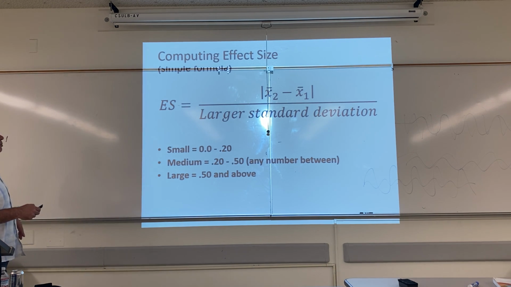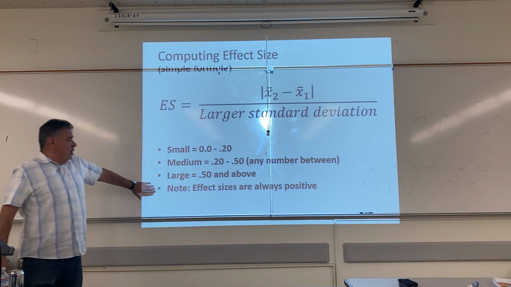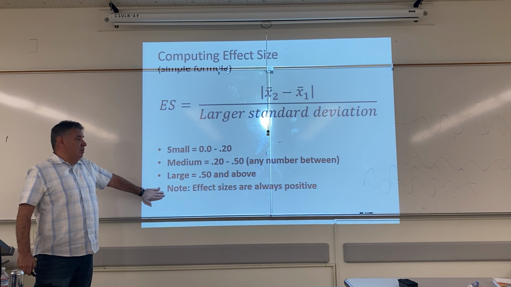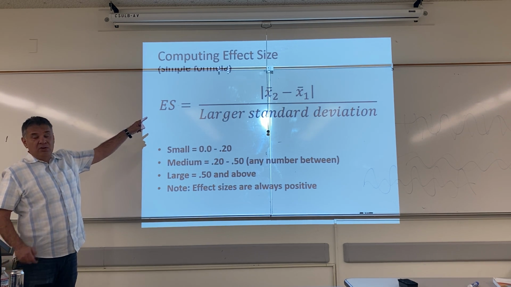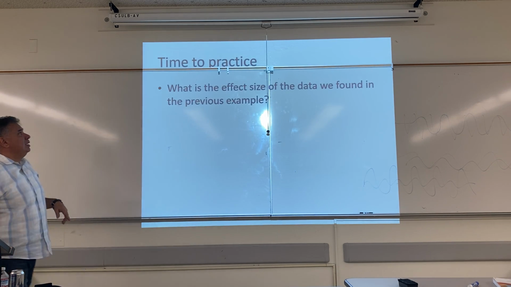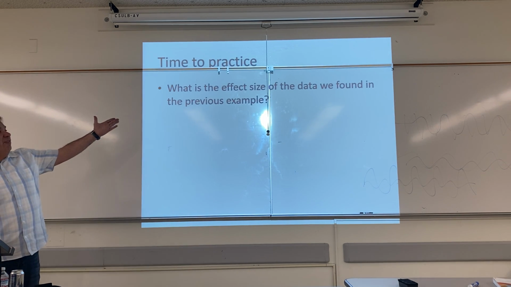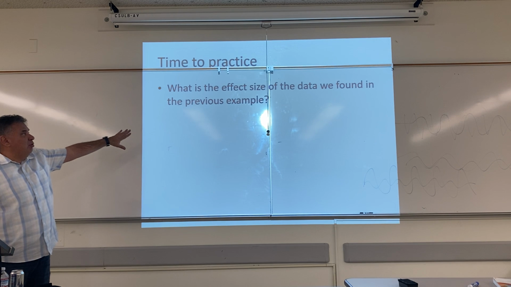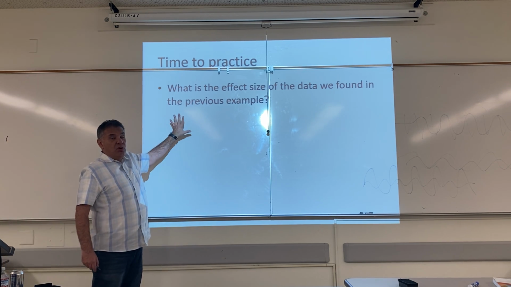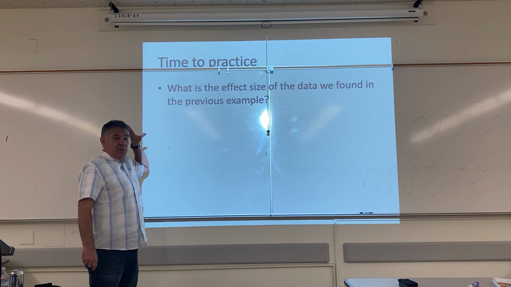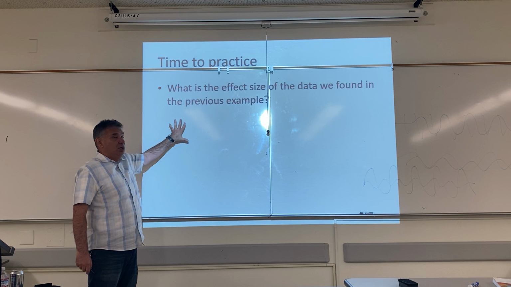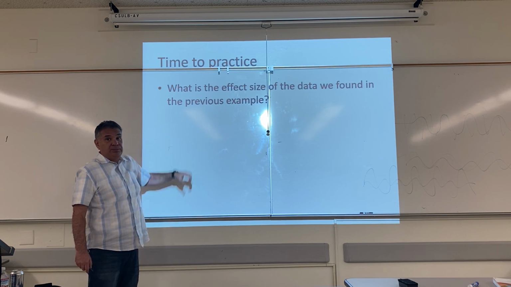Remember, I told you I want effect sizes to be positive. That's why we're taking the absolute value of the numerator. Let's do this. What is the effect size of the data we found in the previous example? Taking the numbers that you got from the last independent sample t-test we solved for, solve this problem. Go ahead.